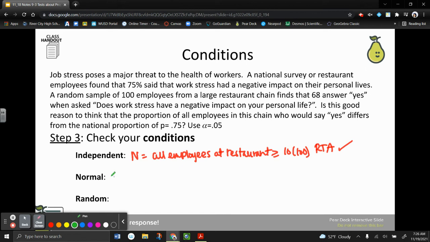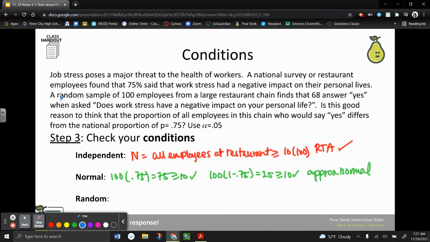The normal condition, we're going to do N times P. So 100 times 0.75, remember we're using P, which is 75. That's obviously greater than or equal to 10. And then 100 times 1 minus 0.75, which is 25. That's also greater than or equal to 10. So that's good. So we know that we're approximately normal. And then for the random condition, it does say a random sample. So that is stated.